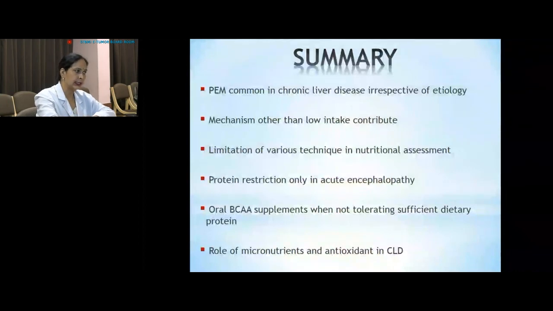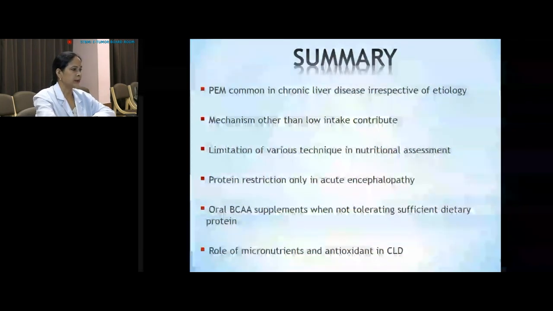Dietary intake, limitations of various techniques in nutritional assessment. Whatever technique is possible in the setup, the institute, or organization, just do that level of nutritional assessment, so that the patient is not threatened by poor nutritional condition. Protein restriction only in acute encephalopathy.